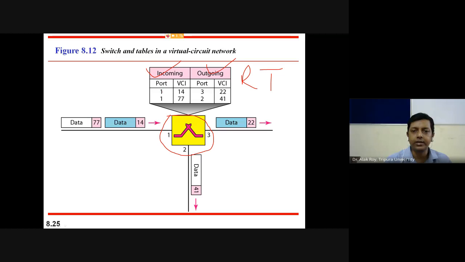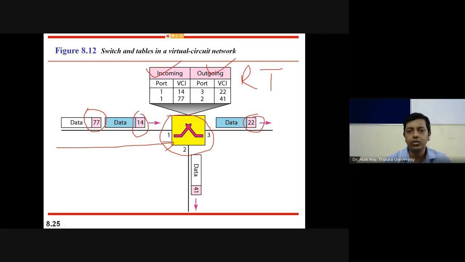If for incoming it is written input is possible through port 1, VCI will be 14 or 77. Means data with VCI 77 and 14 are allowed as an input through port 1. For port 3 only identifier 22 is allowed.